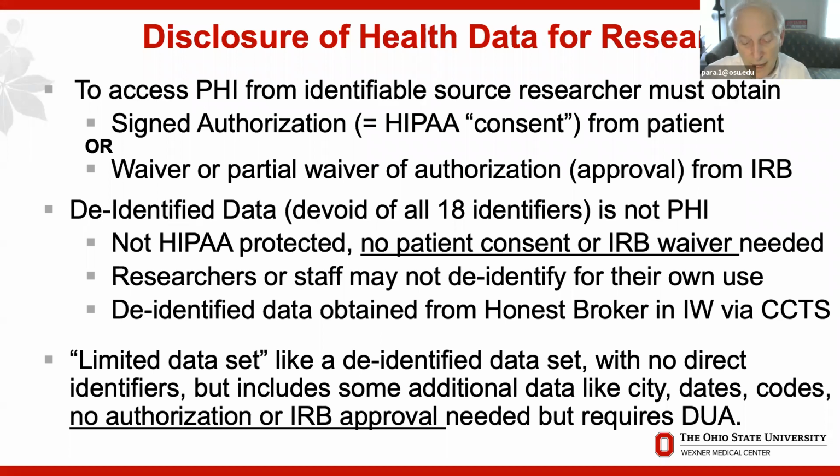One, you're not allowed to look at a bunch of charts and then extract the data and then throw away the PHI, throw away the names and medical record numbers, because that's not allowed. Somebody known as typically an honest broker does that for you. So the honest broker goes in, gets the medical records, gets rid of all the PHI, and gives you the information as a de-identified data set.